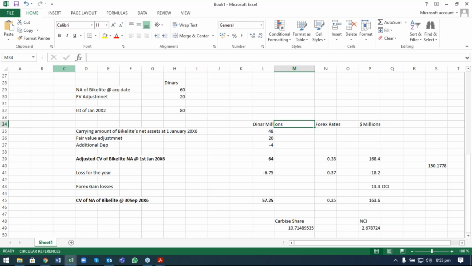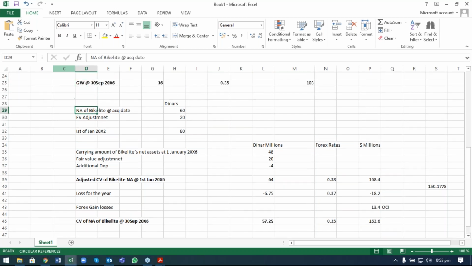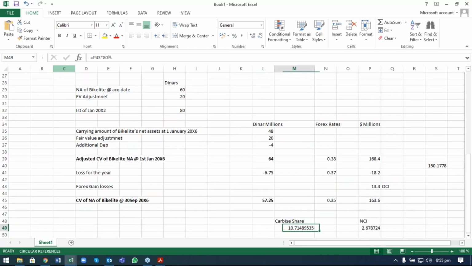Once you have made these calculations, now you need to explain to the examiner what I have done in my working. So you need to explain starting from this point till the end of this point, with this bifurcation to Carbise and NCI of the group.